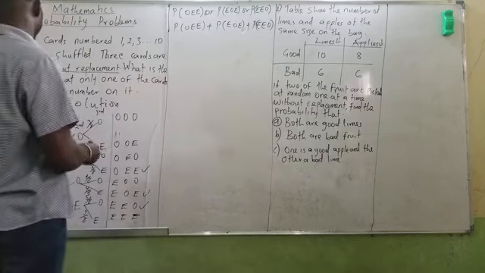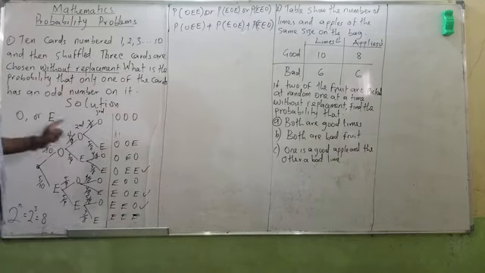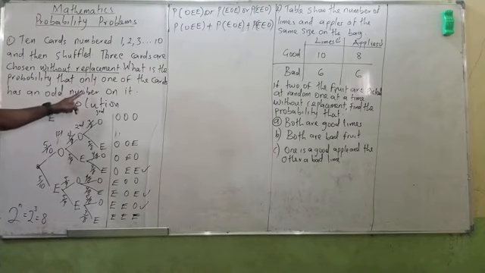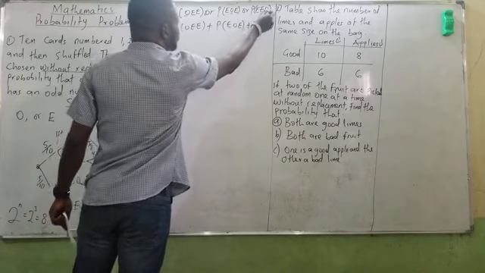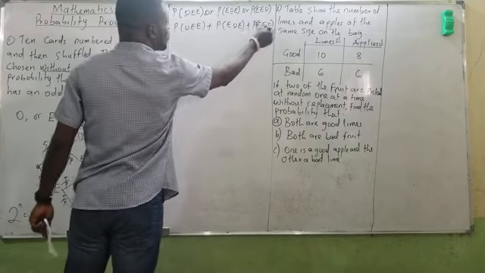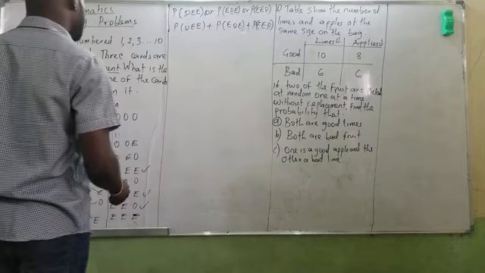That is what we are talking about. What is the probability that only one of the cards has an odd number on it? One odd, one odd, one odd. Can you see from here? That is what we are talking about.